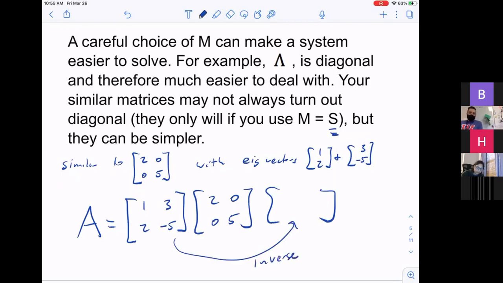Multiply that out, you will have a similar matrix to 2, 0, 0, 5, meaning it will have eigenvalues 2 and 5, but it will have eigenvectors 1, 2, and 3, -5. So we could kind of choose M's to get what we want in different ways. This one would be a way to construct a matrix with eigenvalues that I want and eigenvectors that I want.